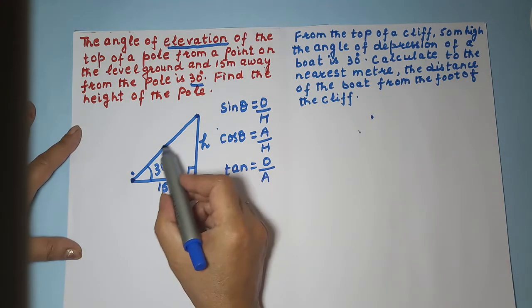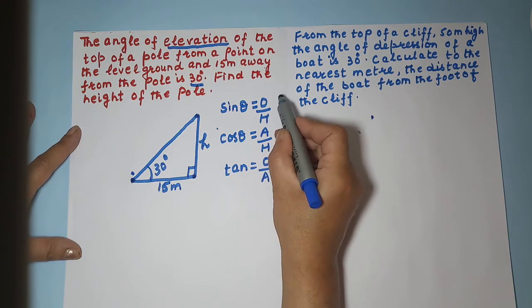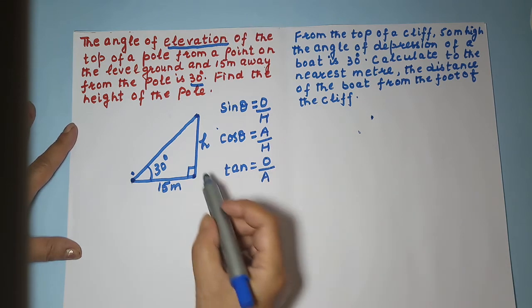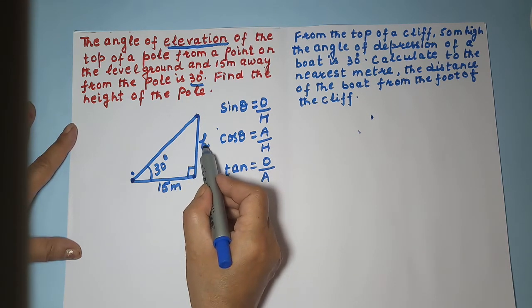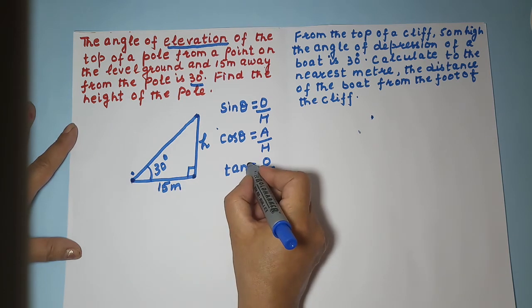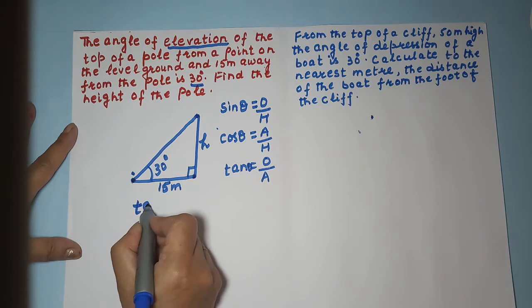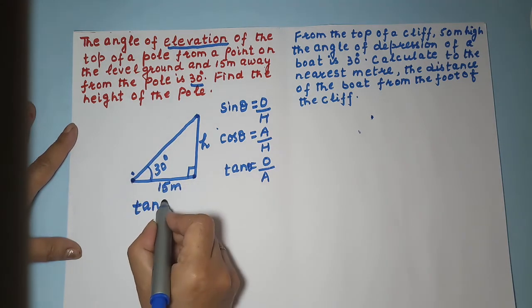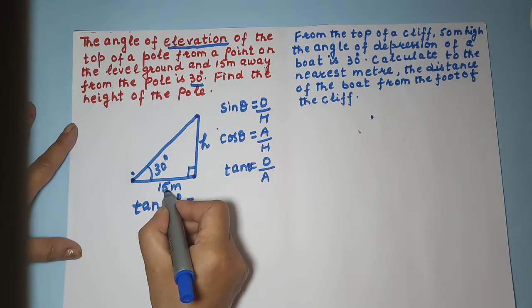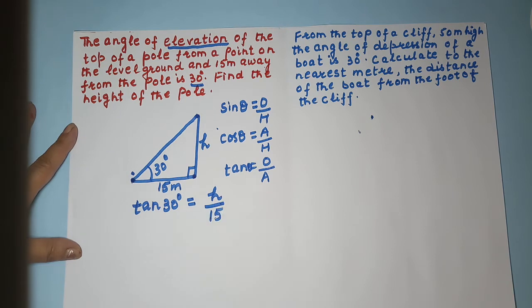Now, we don't have to do anything with the hypotenuse here. So, we will not take sine theta. We will also not take cos theta. Now, what are the two connecting things here? Opposite and adjacent. So, we will choose this T ratio, tan theta. In place of theta, we have tan 30 degrees is equal to opposite upon adjacent. What is my opposite? H, and adjacent is 15.